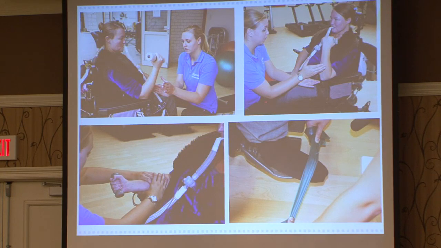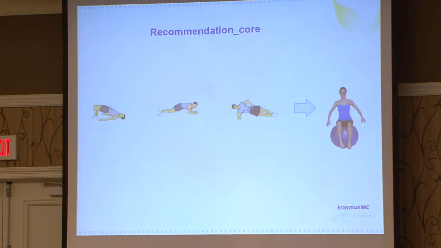Also, for example, here at the bottom, if you have problems with flexing your foot, you can also use these type of steps to flex your foot. Also, the core balance exercises are, of course, quite complicated, and you need quite a lot of strength to do these tests, but you can also use a ball or other types of things to train your balance, and so in that way you can also train your core stability.